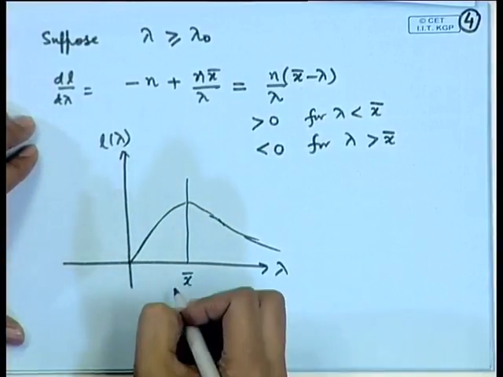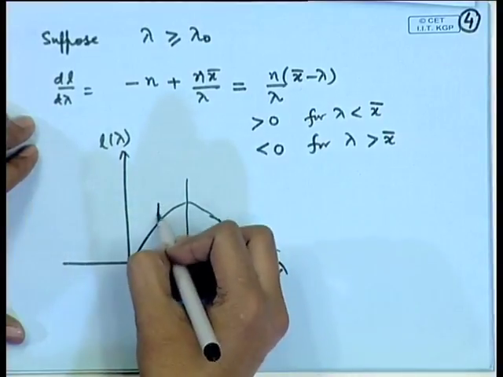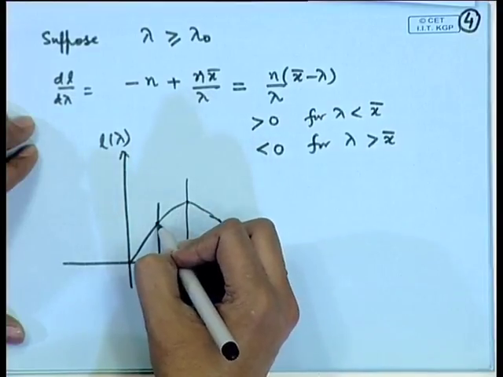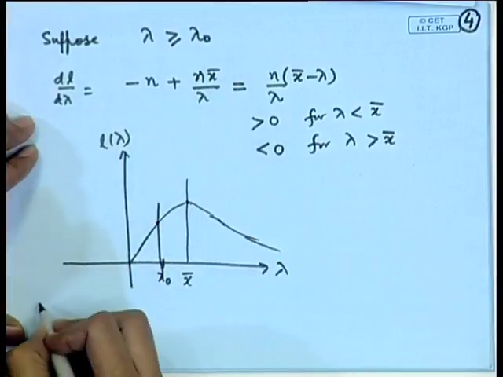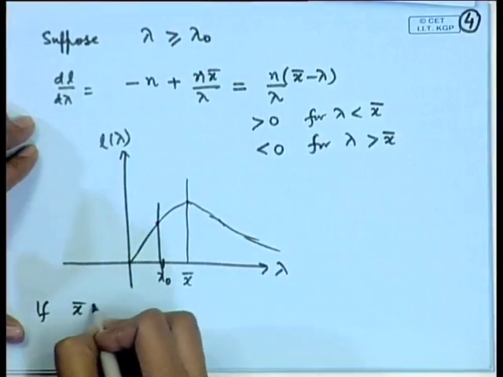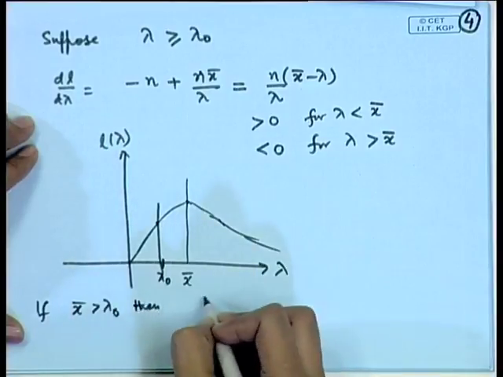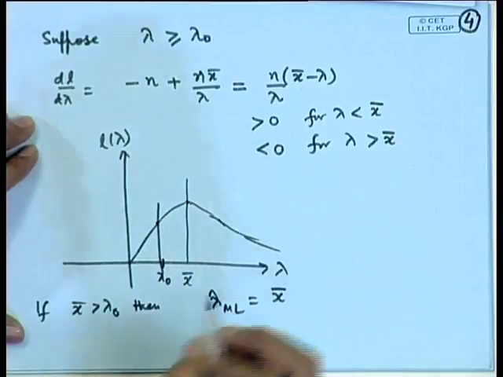Now, suppose lambda naught is here. Then you can see that the maximum value x bar satisfies this condition, and therefore x bar remains the MLE. That is, if x bar is greater than lambda naught, then lambda hat ML is x bar.